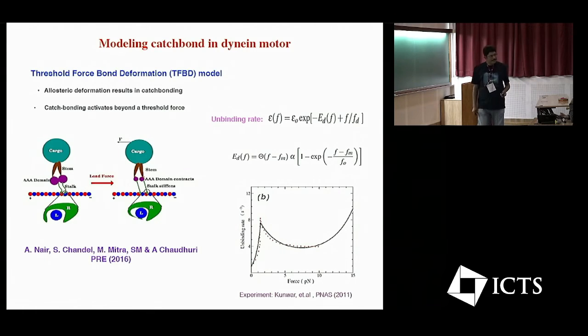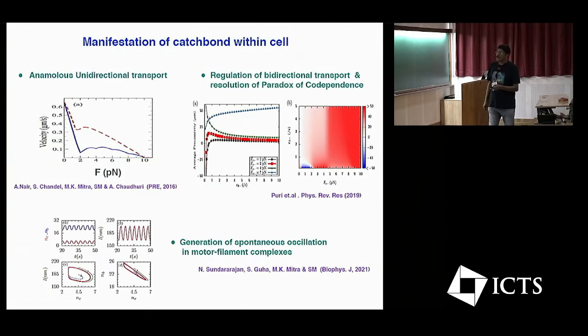Now the question that we are posing is: given that this kind of catch bond nature is observed in dynein, how does it manifest in the context of different intracellular processes? What we have seen is that it can actually lead to very interesting behavior.